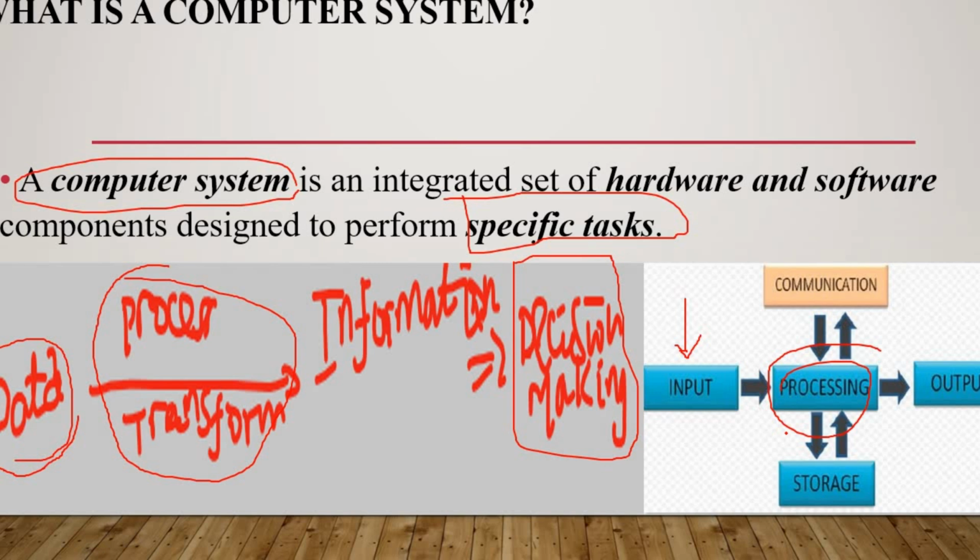The processor has a main unit, which is the CPU. The CPU has major three components, which we will discuss in a separate slide. But now, at a high level, a computer system is a transition from data into information for meaningful decision making, depending on the business context. Then we will have this output, and this output will help us in a meaningful decision process.